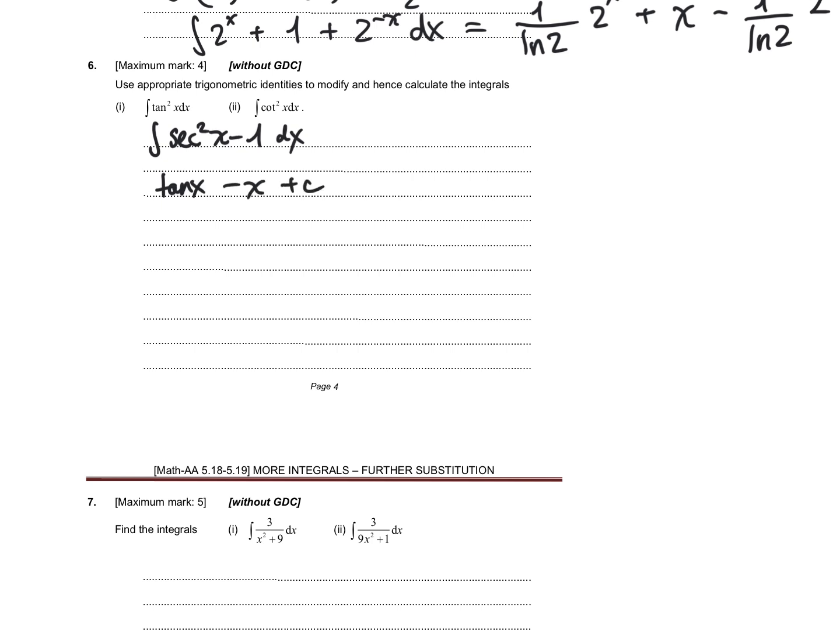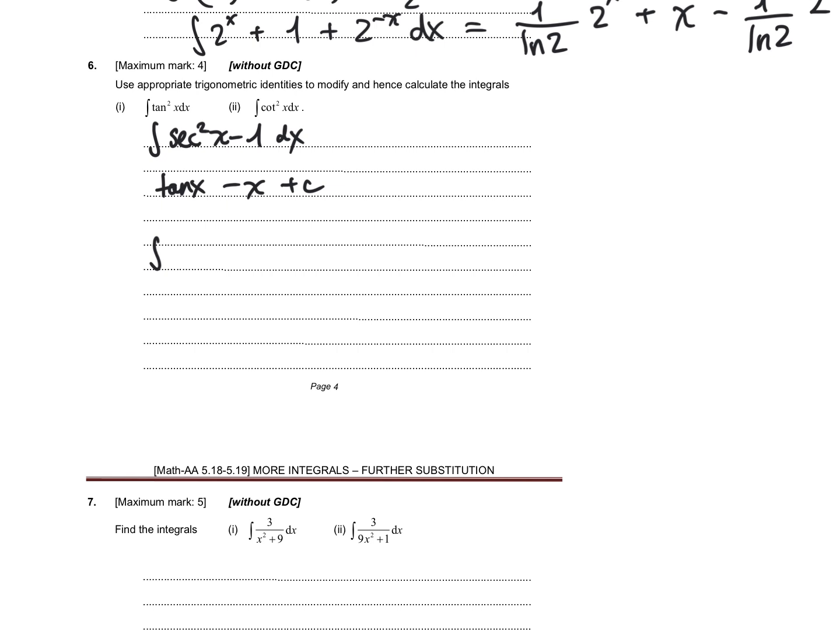And then pretty much the same for cotangent squared. We have 1 plus cotangent squared is cosecant squared. And we have the integral of negative cosecant squared is cotangent. And these are in the standard derivative section, so it's going back from the derivative to the original function.